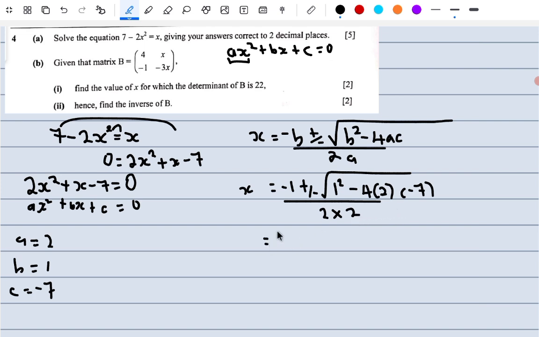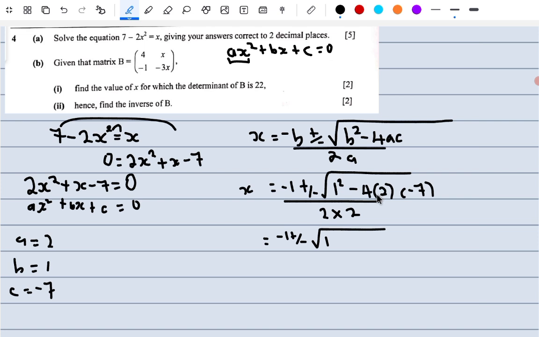Now you come this side, that will be negative 1 plus or minus, 1 squared is 1, then 4 times 2 is 8, then 8 times 7.